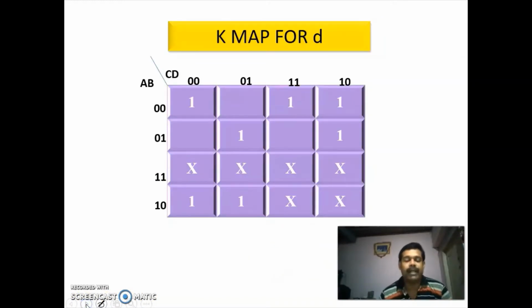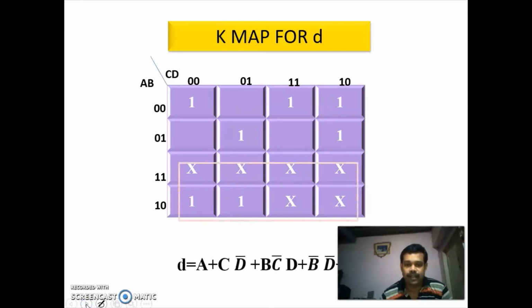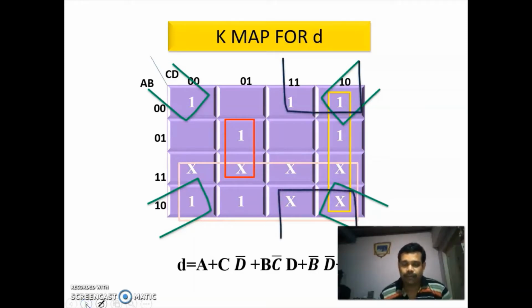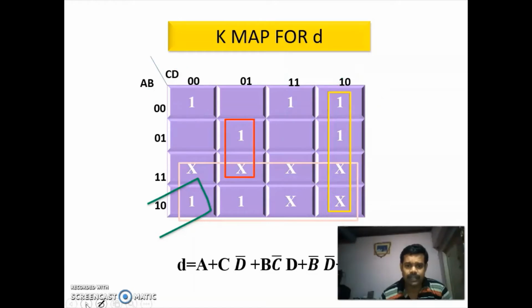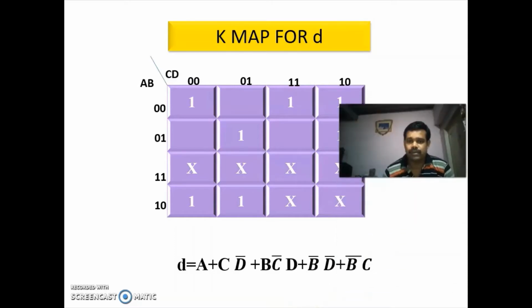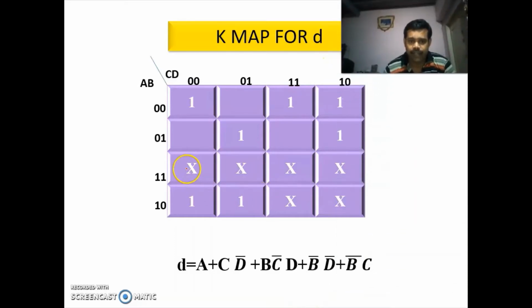Similarly for D, by looking at the column of D from the truth table, we have plotted the ones and this is the expression. Or I will clearly explain how it is coming. First we are going to group these 8 ones.